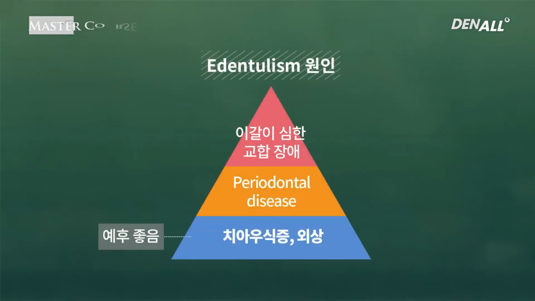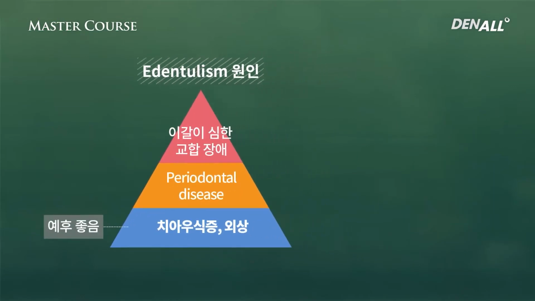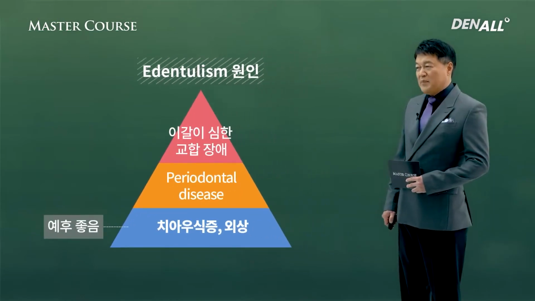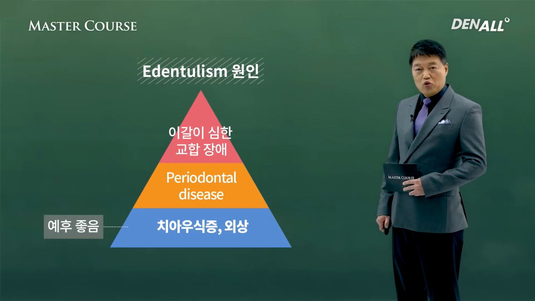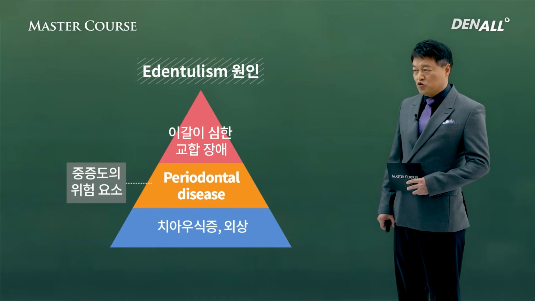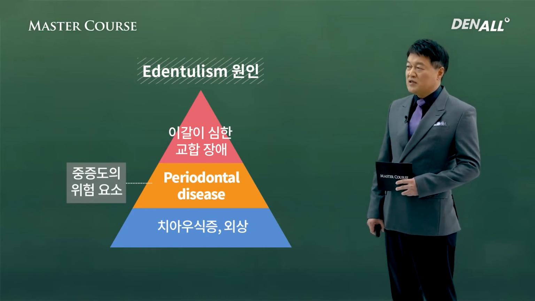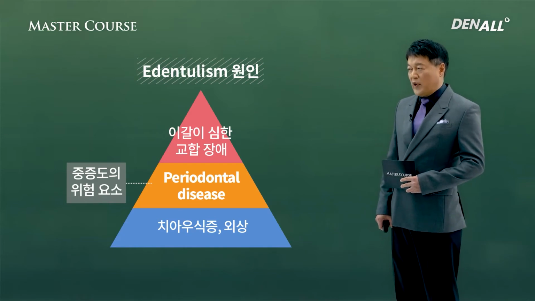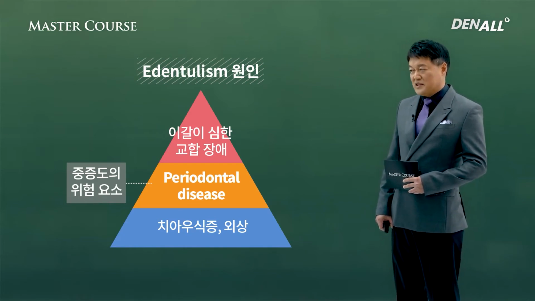Through questionnaire, we need to find out what caused tooth extraction. Carious or traumatic extraction have the best prognosis. Periodontal disease related extraction have moderate level of risk. Due to disease, bone destruction might have occurred.